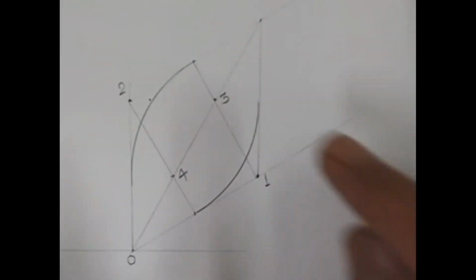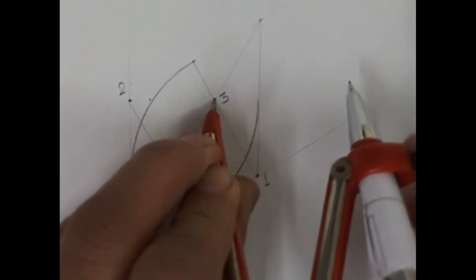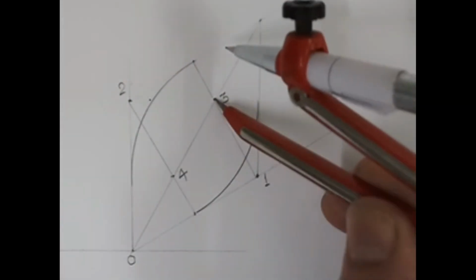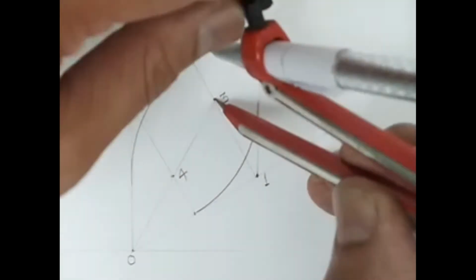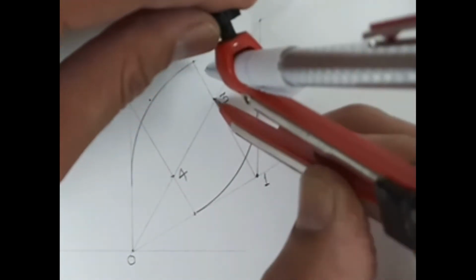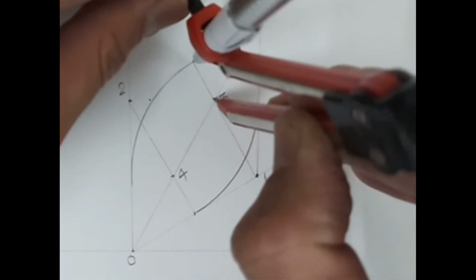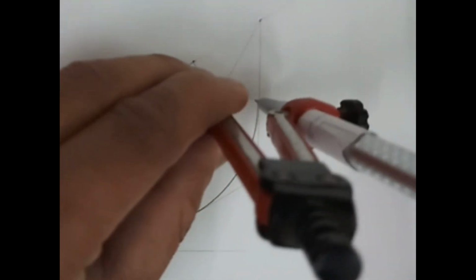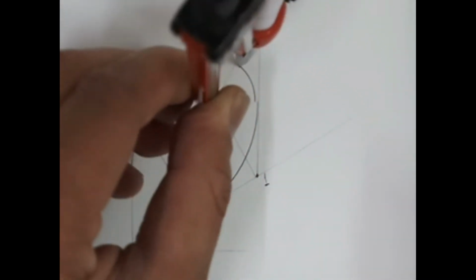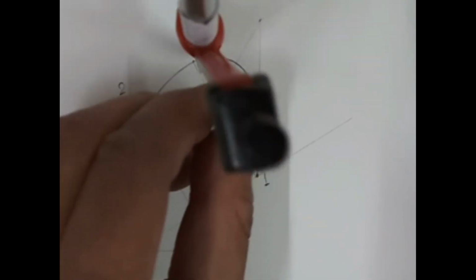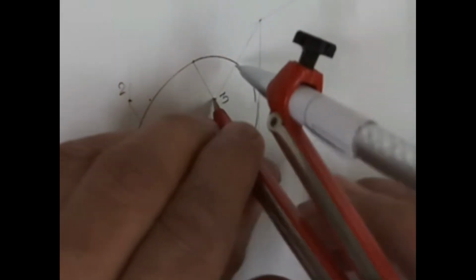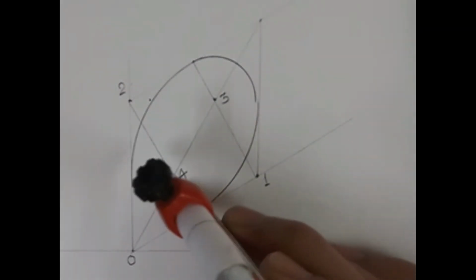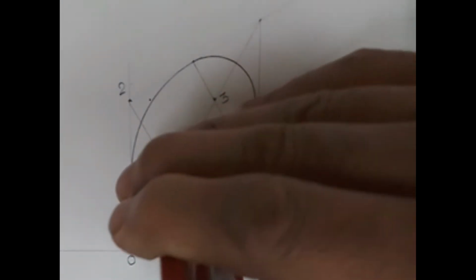Now with center 3 and this much radius, please note the radius, we have to take this much radius in the compass. With this center and this radius I complete this part. Similarly, with center 4 and this radius we complete the remaining part.